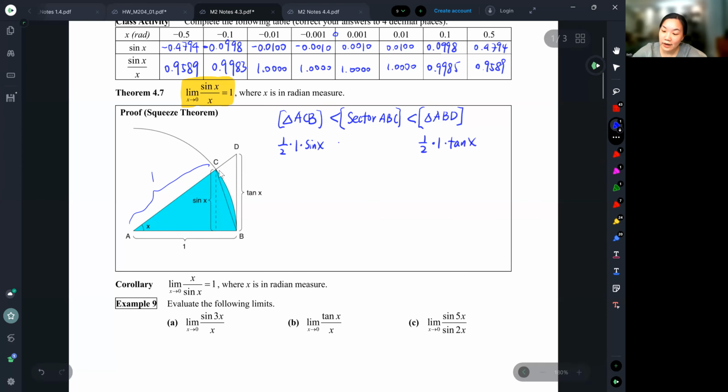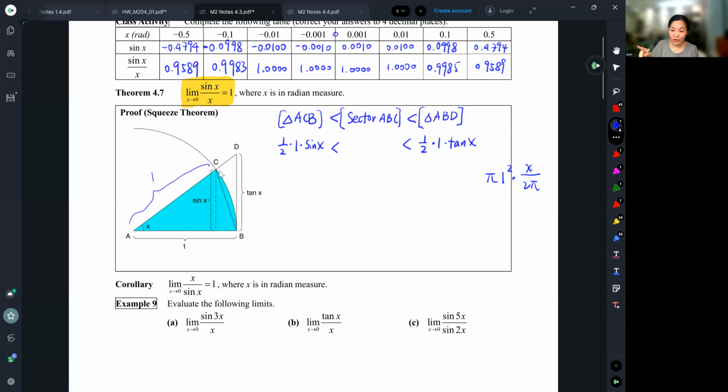Okay, and the sector area is, now let me work it here. It's pi r squared times x divided by 2 pi. Now x is the angle, 2 pi is the whole circle. I'm not using 360 degrees. I'm using x divided by 2 pi.